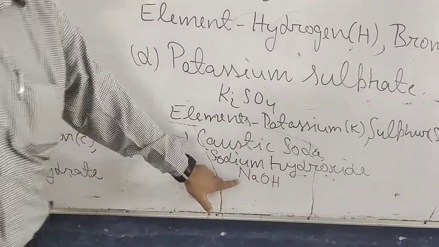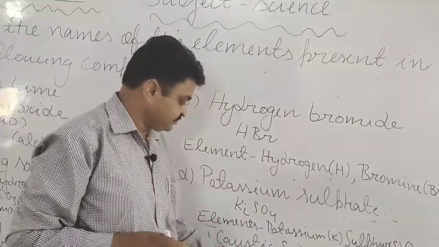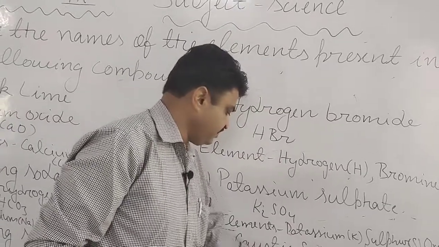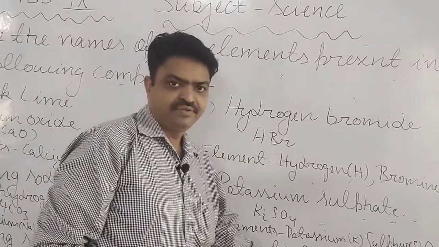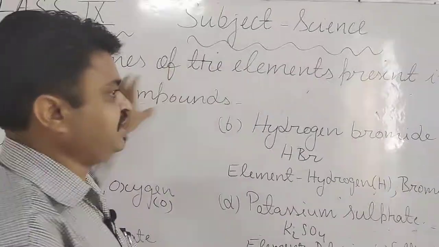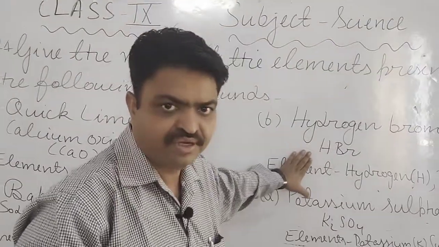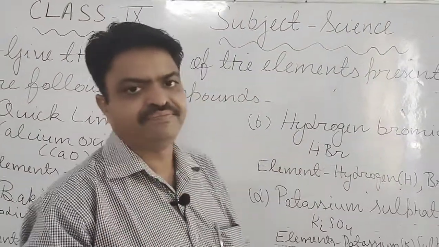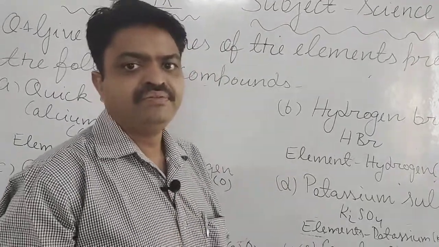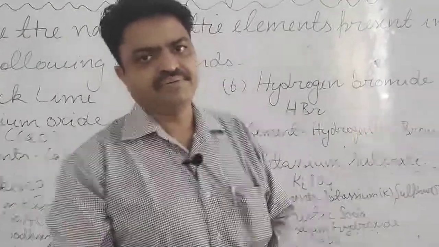So with the help of this chemical formula, you can tell which elements are found in this. Sodium is found, oxygen is found, and hydrogen is found. So you can find the elements present in a particular compound with the help of the chemical formula or chemical name.